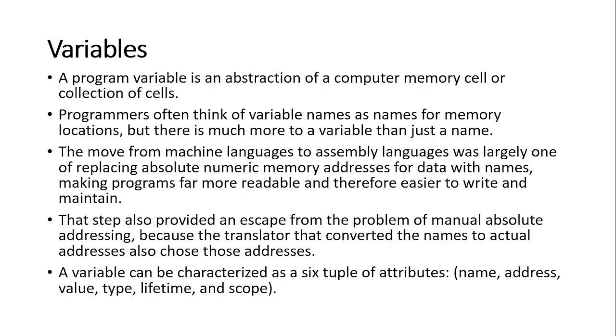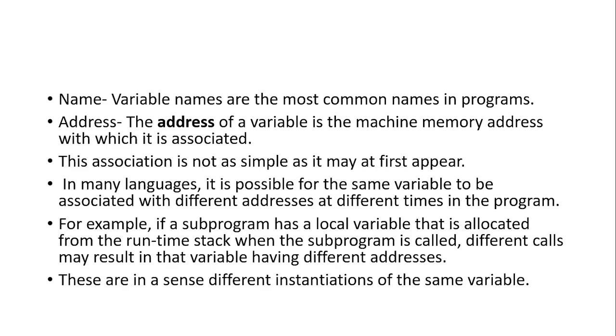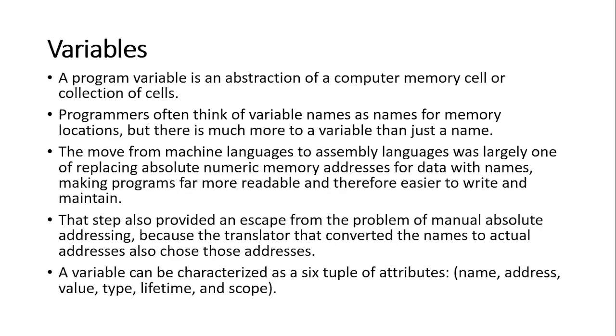Even though they look very complicated, it's a very simple concept. It provides the clearest way to explain the various aspects of variables. As we know, the variable has a name. Name is an attribute of variables.